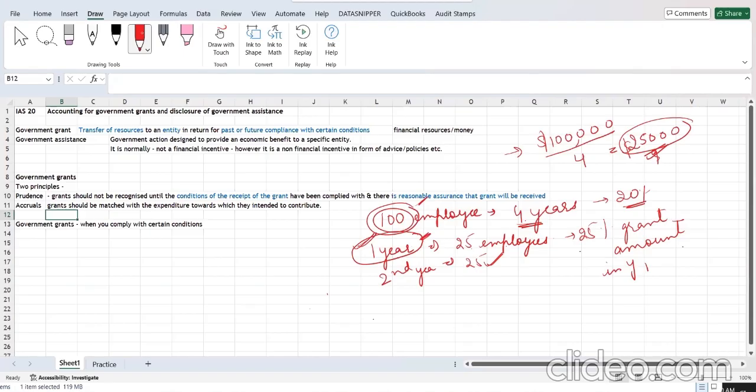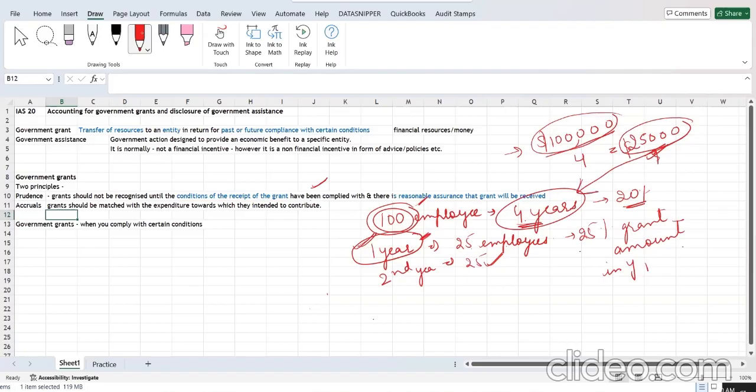So I cannot recognize 100,000 in year one if I am doing the expenditure of payroll cost of giving jobs to 100 employees, if their employee salaries and wages are going to be incurred over the time frame of 4 years, and that is the condition of the grant, right? And if I'm doing it over 4 years, then the grant should also be recognized over 4 years.